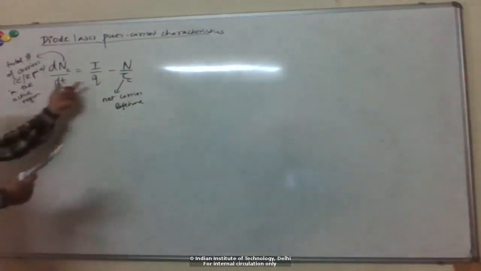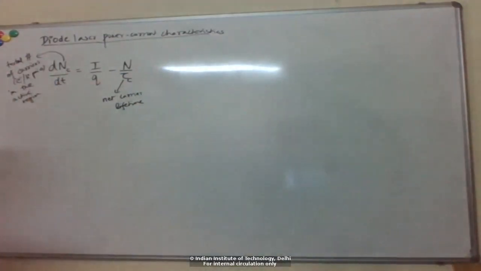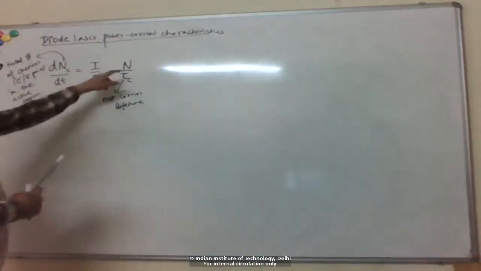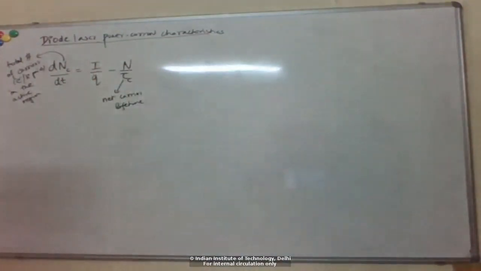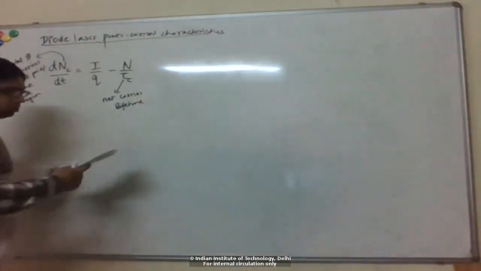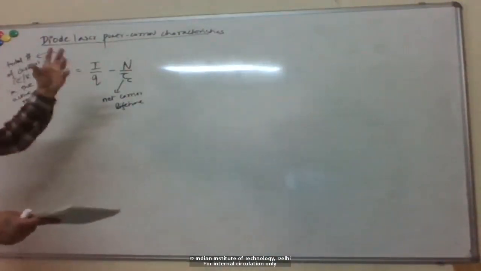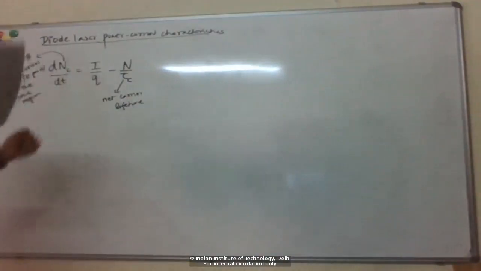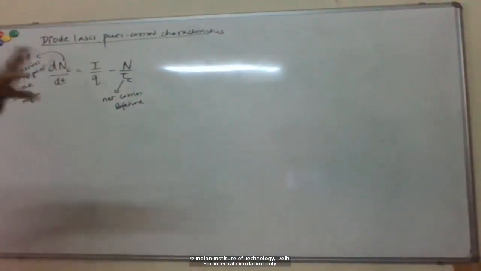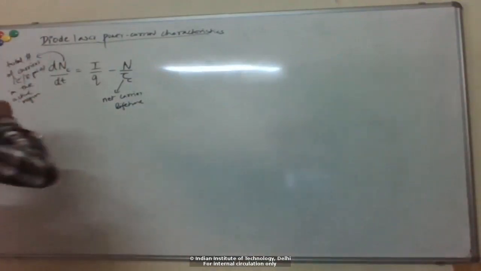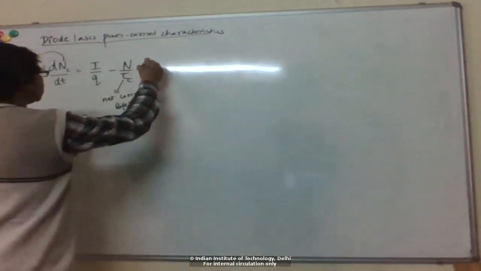For the LED, this was all we had. You can think of this as being just the spontaneous recombination rate, so carriers spontaneously recombining and giving out photons in random directions distributed over the 4 pi solid angle. But now there is an additional term.